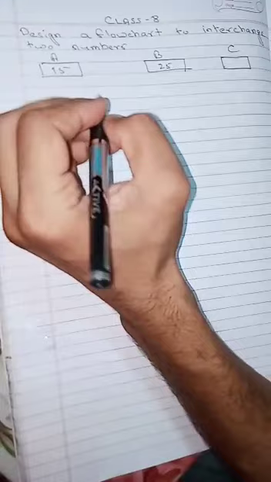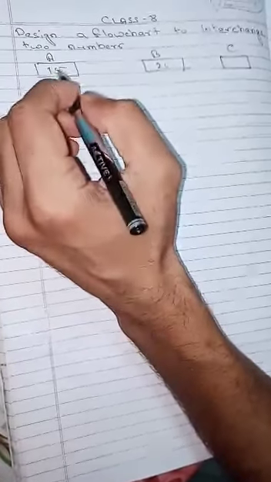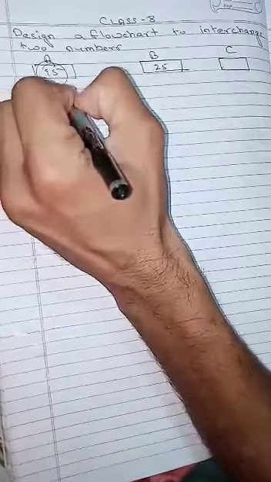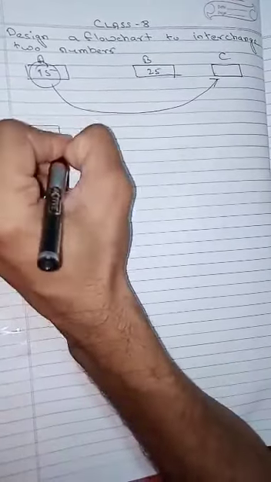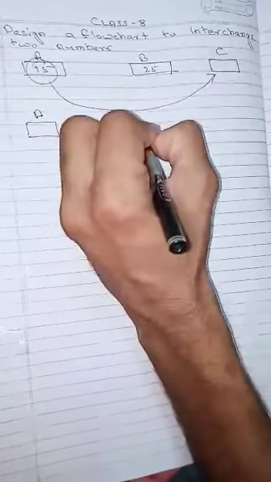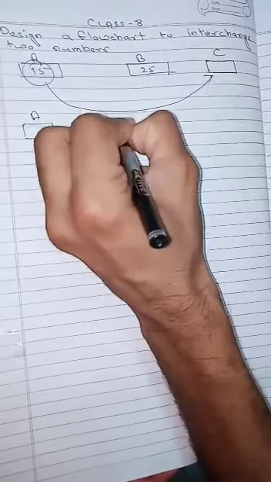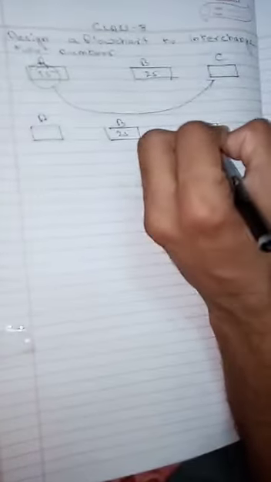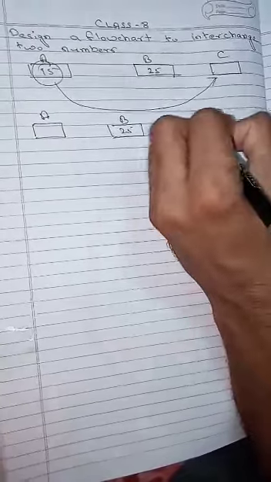So first of all, we will assign the value of A to C. That means A will become empty, B will contain 25 and C will hold the value of 15 now.